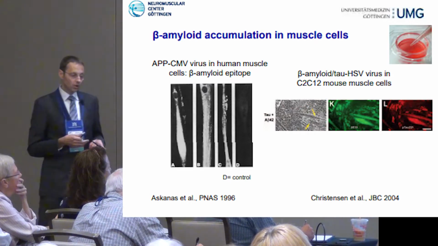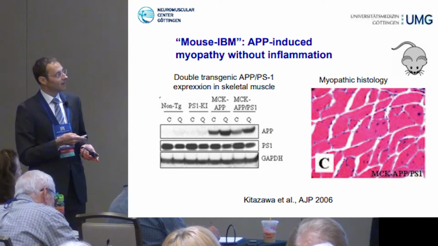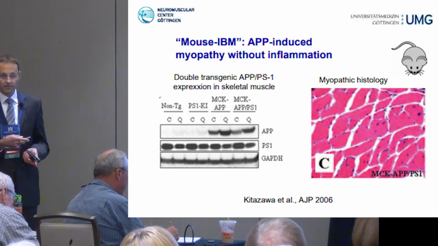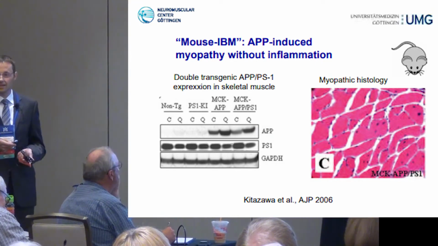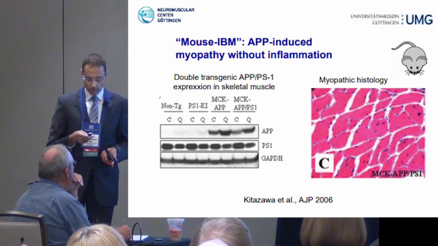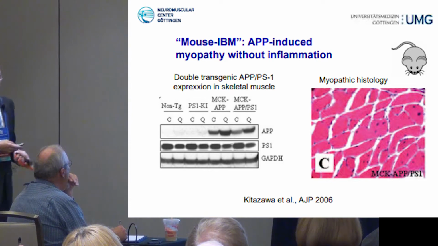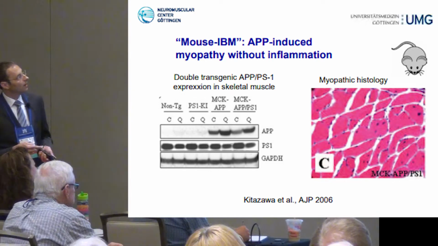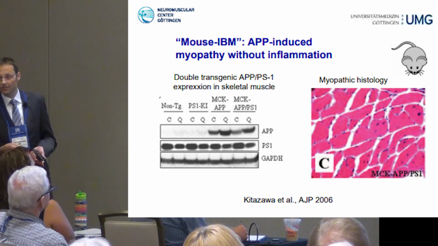Going a model further up is a mouse model that was generated in 2006 by the group around Frank LaFerla from UC Irvine in California, and the first author is Dr. Kitazawa.